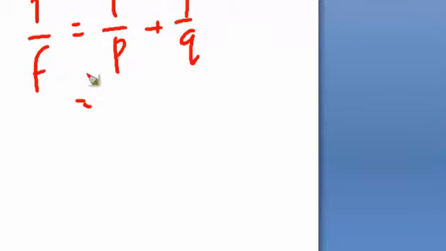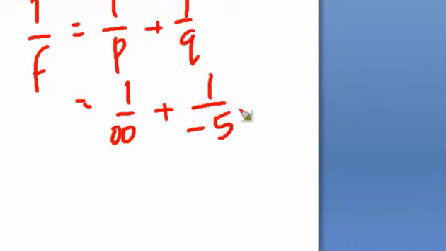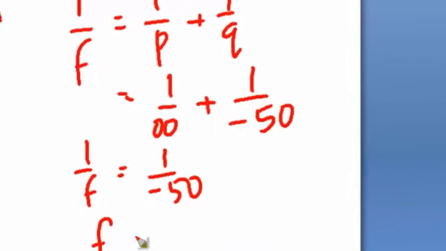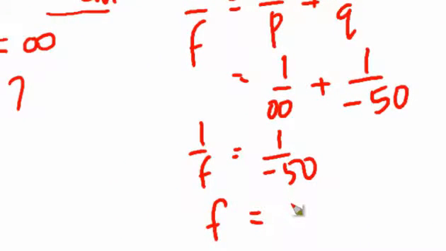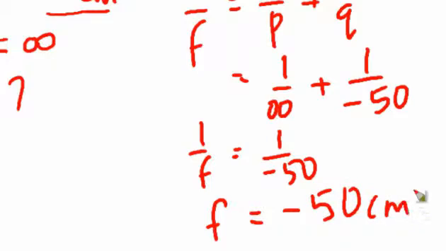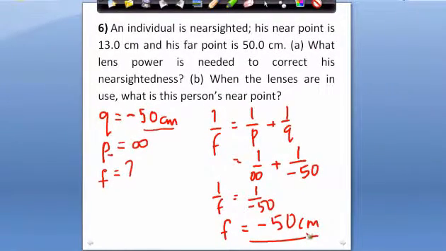So this becomes 1 over infinity plus 1 over minus 50. So 1 over f is equal to 1 over minus 50. F, the focal length, is equal to minus 50 centimeters. So the focal length of that lens is equal to minus 50 centimeters.